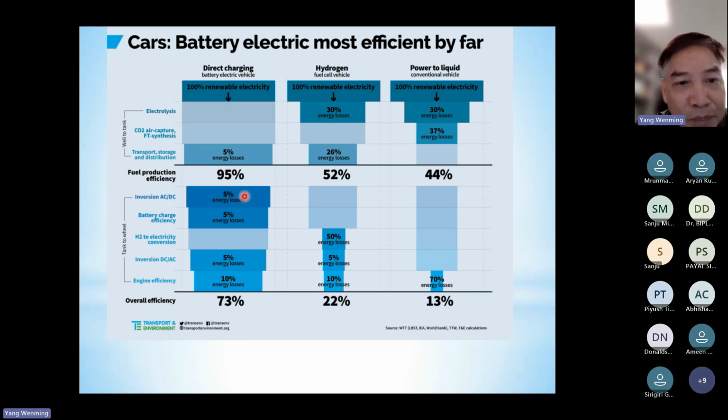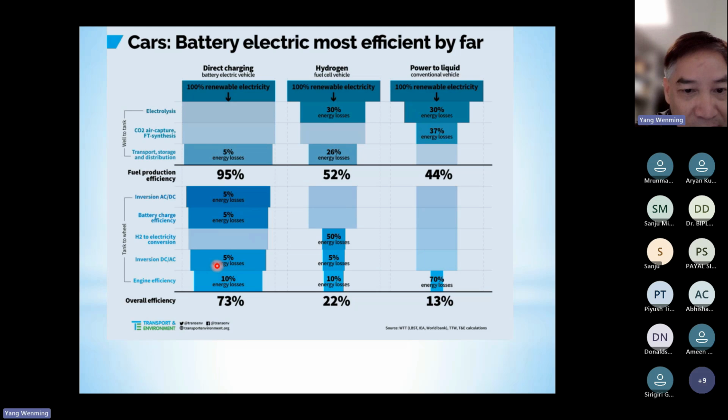Then the inversion of AC to DC, because some of the vehicles charge with AC and some with DC. This inversion causes 5% energy loss, and the battery charging efficiency also loses 5% energy.